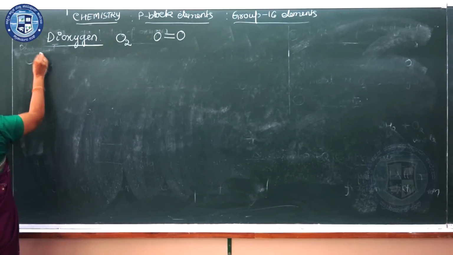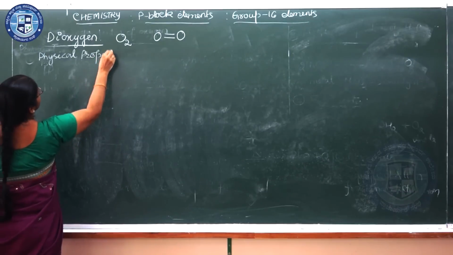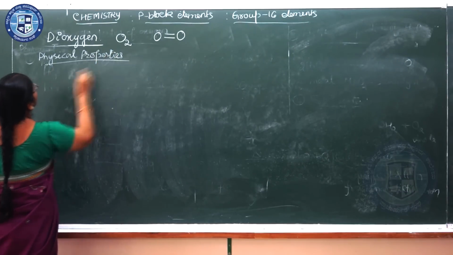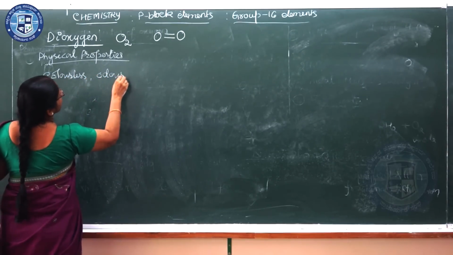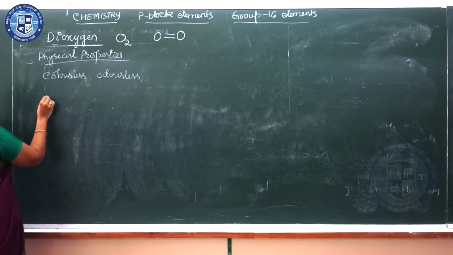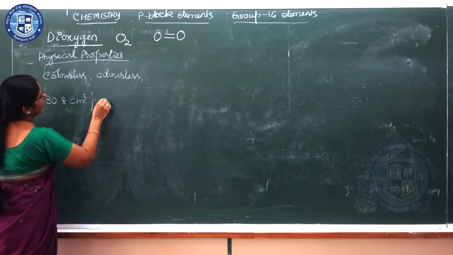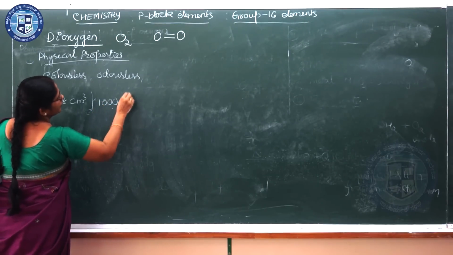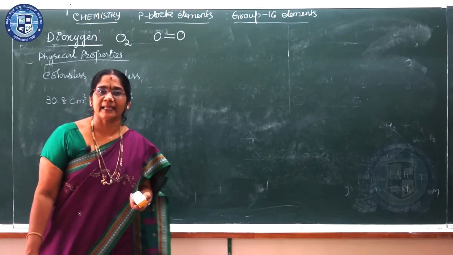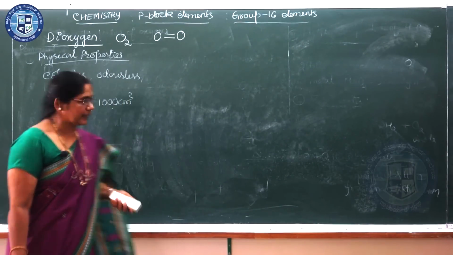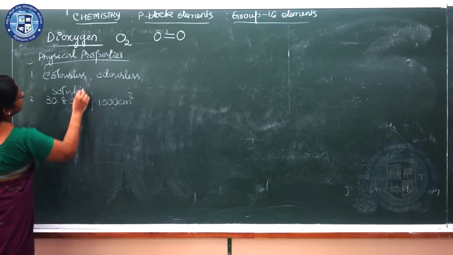So if you come to the physical properties, it is colorless, odorless, soluble in water to the extent of 38.8 cm cube per 1 liter water, or 1000 cm cube of water. But this dissolved oxygen is enough to maintain the aquatic and the marine life. So this is 1, this is 2, solubility in water.